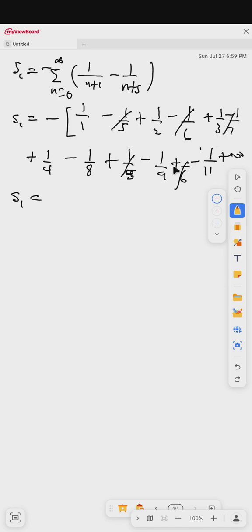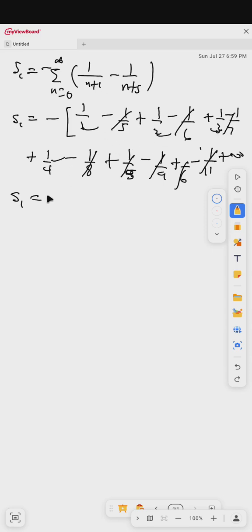If I substitute n to be 6 right here, I'm going to have 1 over 7, so it's going to cancel out. Then minus 1 over 11, 1 over 9 and 1 over 8 also cancel out as I start substituting the values of n. So what remains here is 1 over 2, 1 over 3, and 1 over 4. That's the numbers remaining in the series.